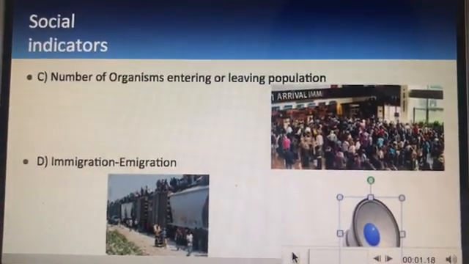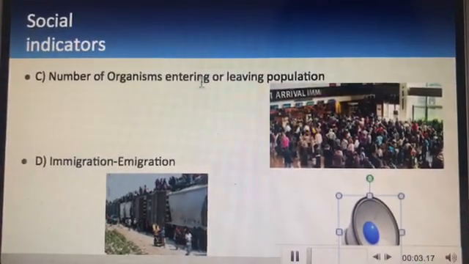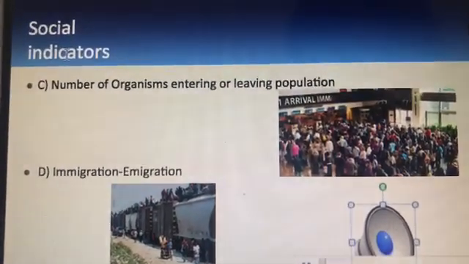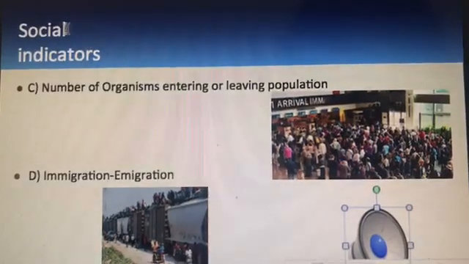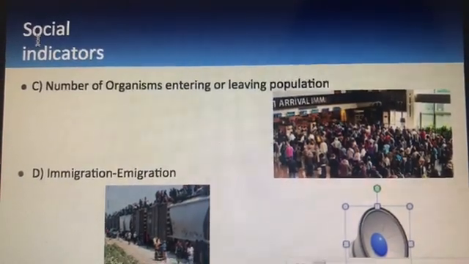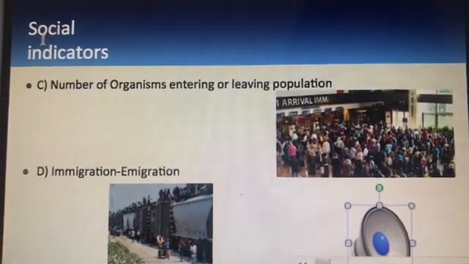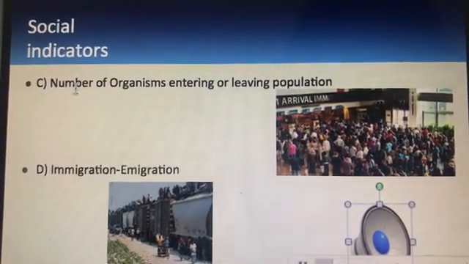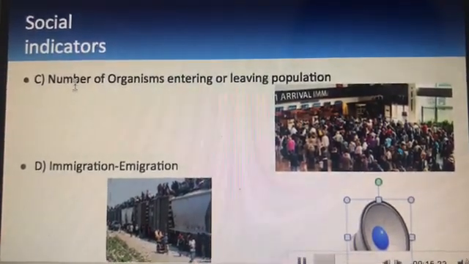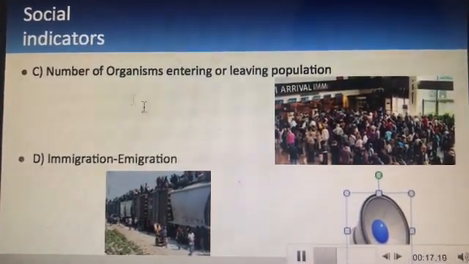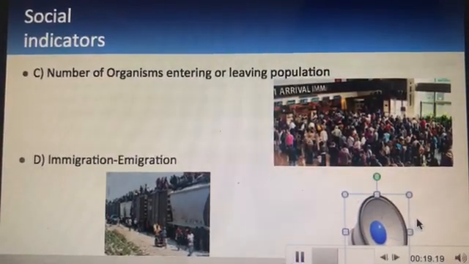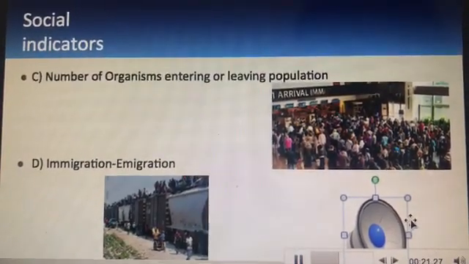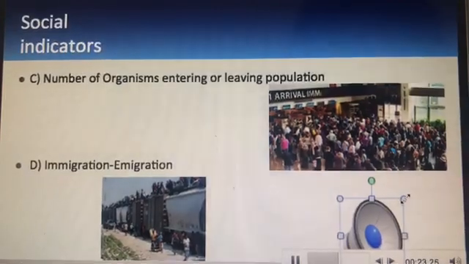Here, we have social indicators. Social indicators depend on how many people live in a city, and they can move for different factors. I give you an example: in the measurement of people in 2000, I did not appear in the rate of Culiacan because I was not living here.